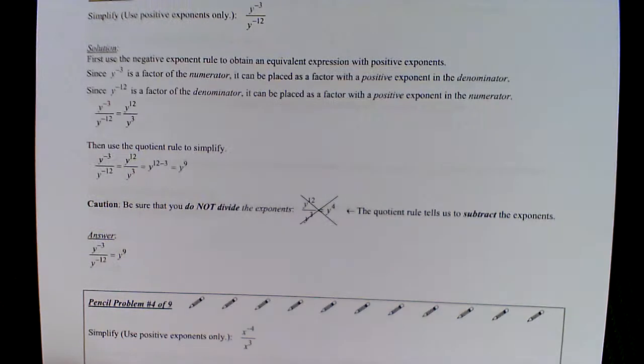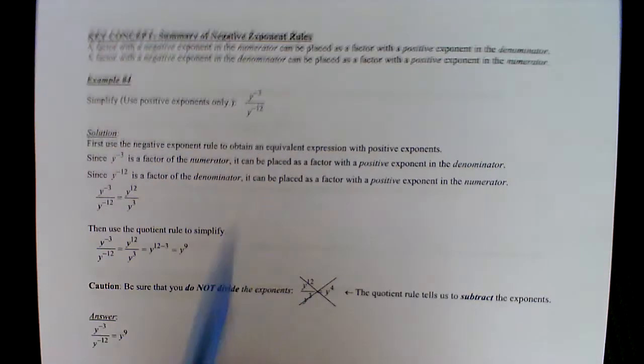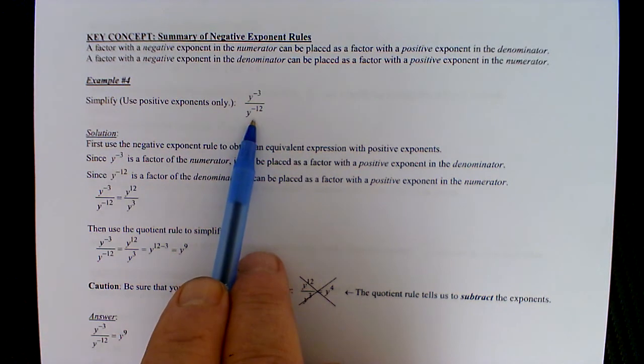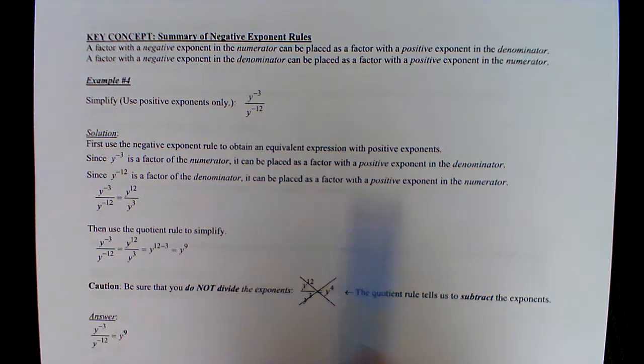And when we're faced with division of common bases, we could certainly use the division rule, or we could use the negative exponent rule to rewrite this quantity.